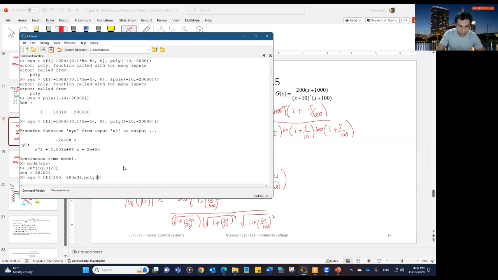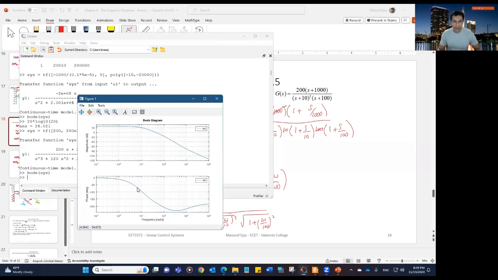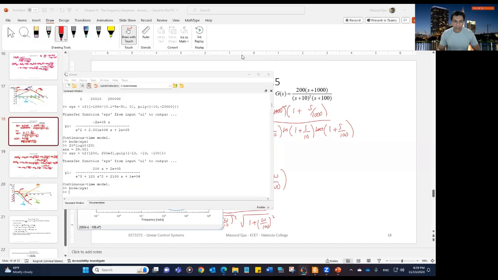My roots are negative 10, negative 10, negative 10, negative 10, and negative 100. That should be a square bracket. So that's my polynomial. So Bode, that's my function, Bode of system.